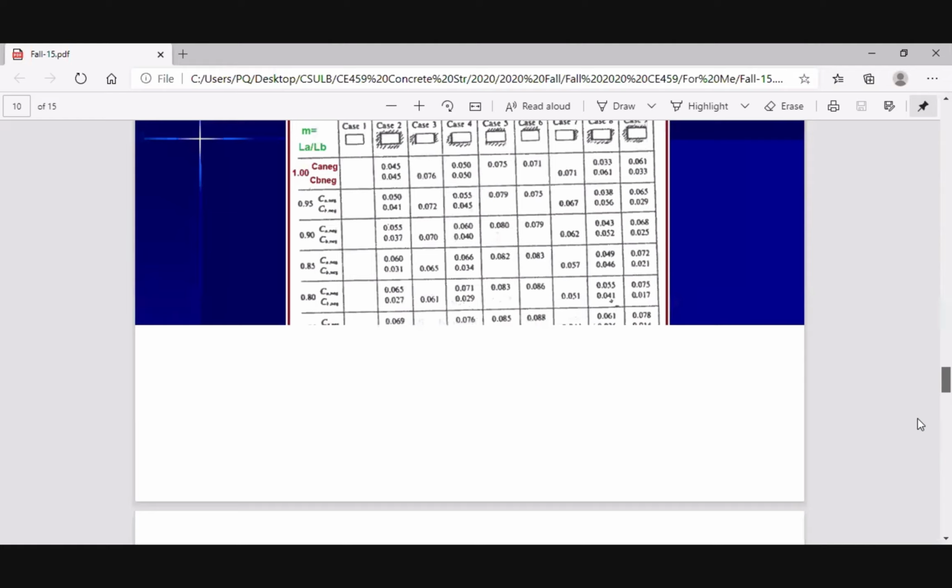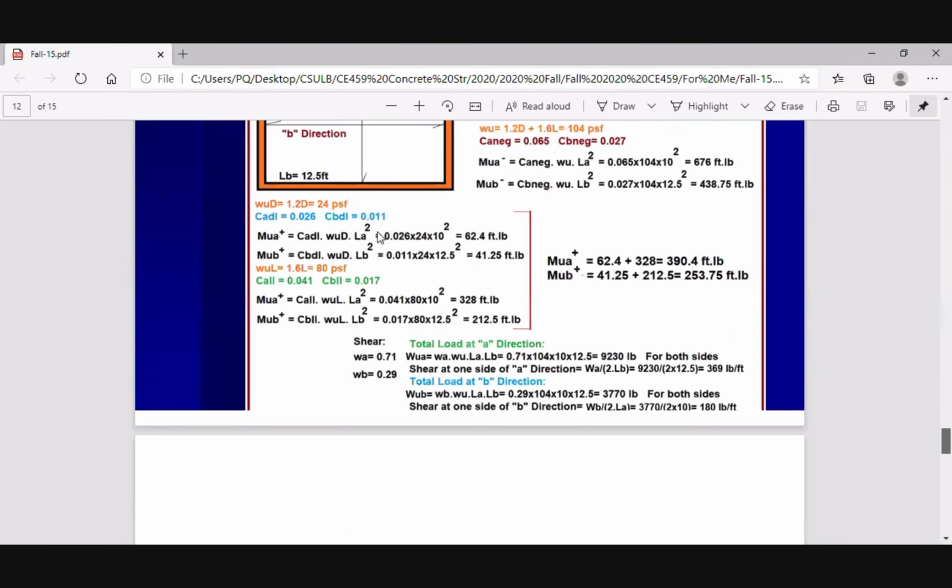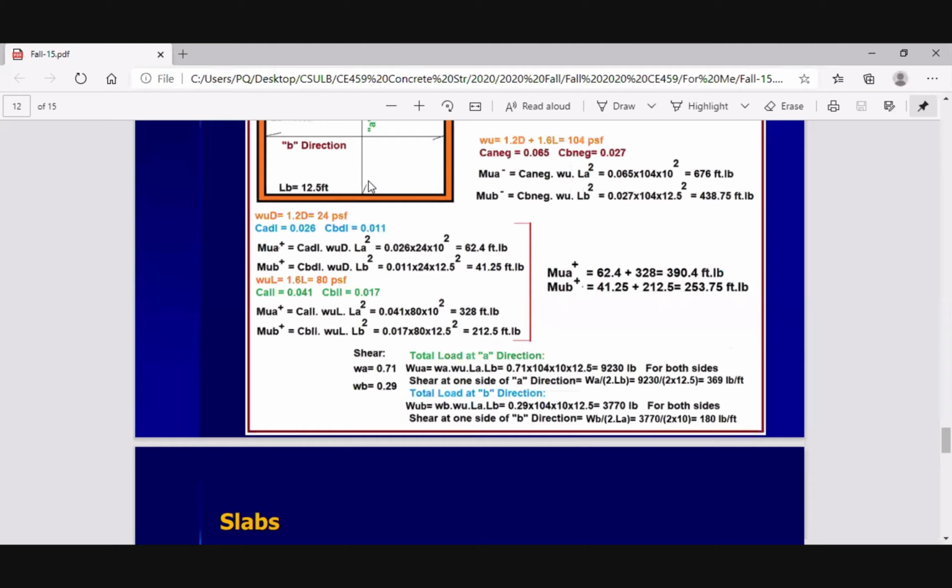What's the factor that we read? Times omega U dead load times LA square or LB square. That's it. So positive moment at A direction is equal to the factor 0.026 times omega U for dead load times LA square, and do the same for B with C_B times omega U dead load times LB square.